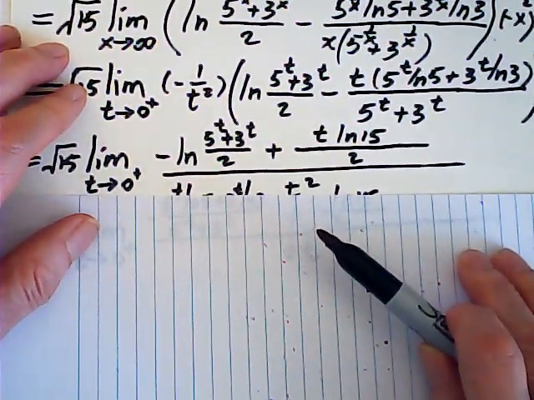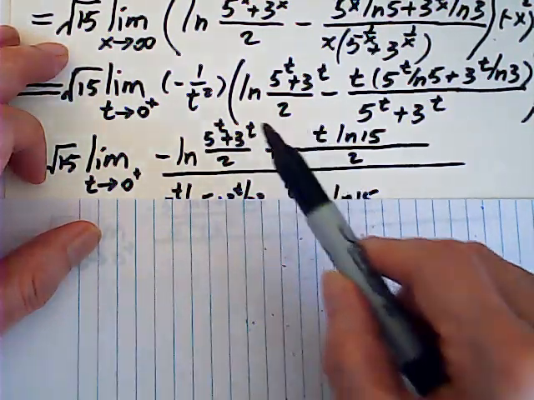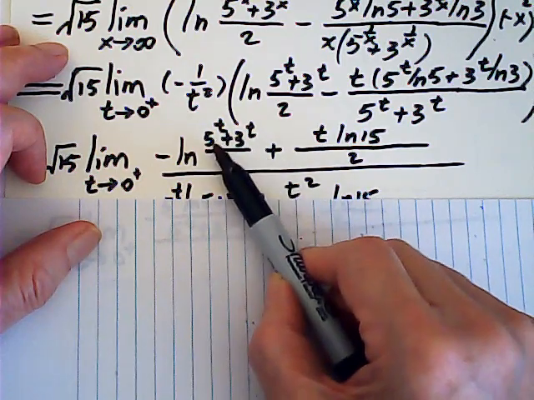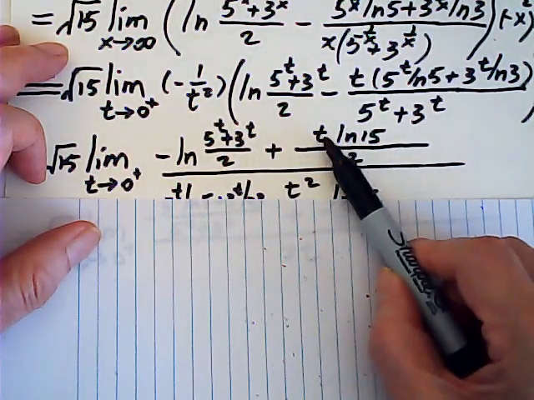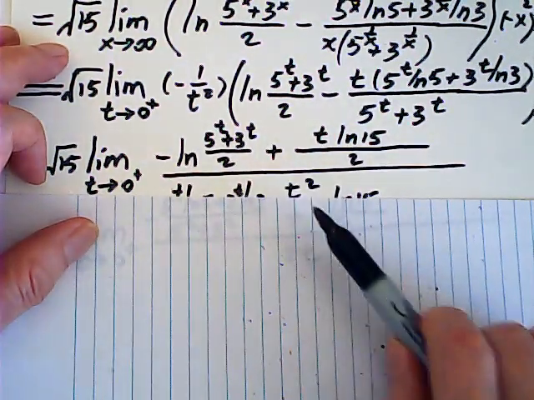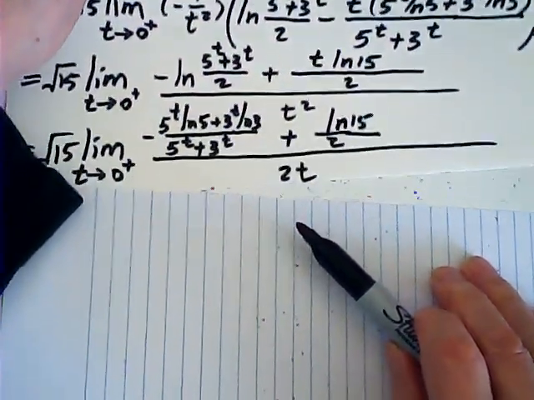Now let's check again. This one goes to 0, because log 2 over 2 is 0. This one goes to 0, therefore the numerator is 0. The denominator also goes to 0, so we can use L'Hopital's rule.